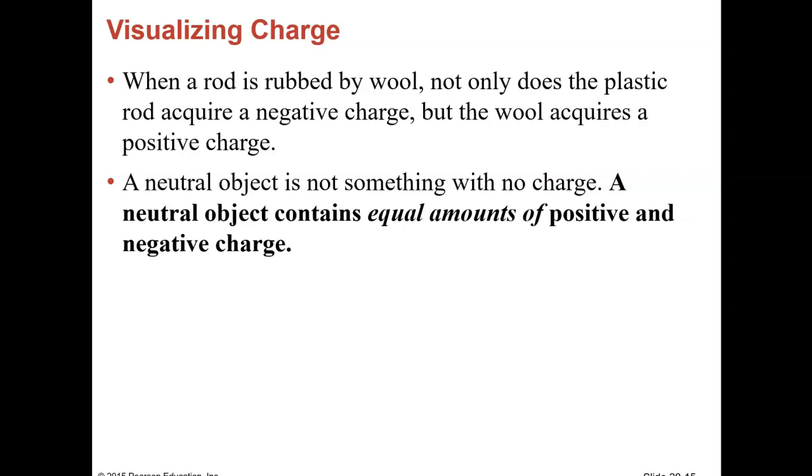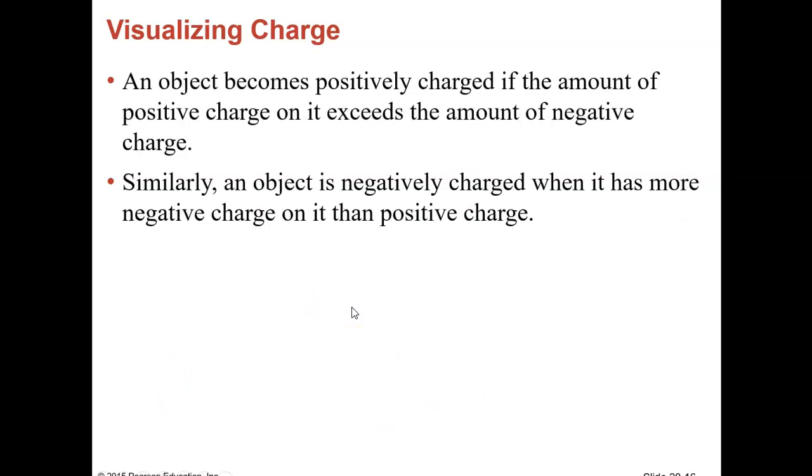So here's how you think about this. The rod actually gains electrons from the wool. Since the rod becomes negative, it acquires electrons from the wool. Since the wool has lost negative charges, and it was neutral, it is now positively charged.